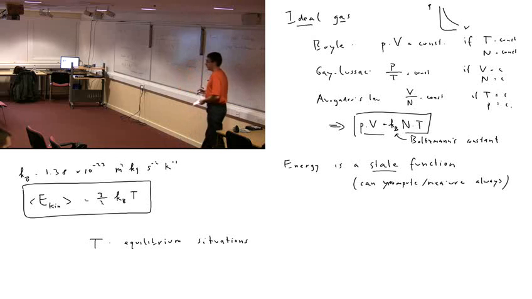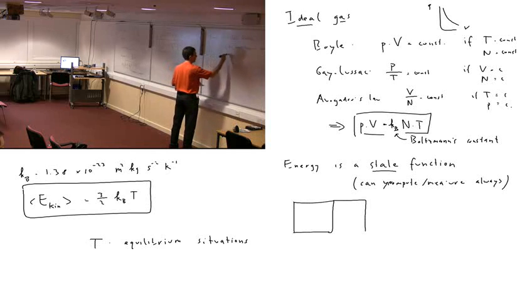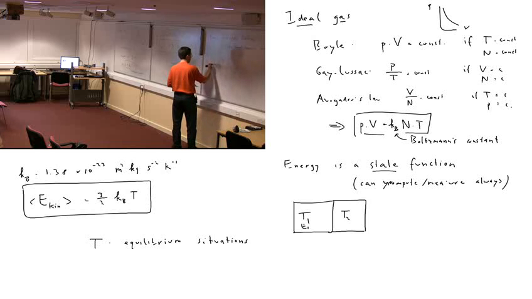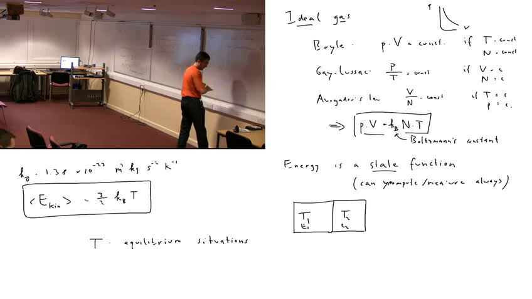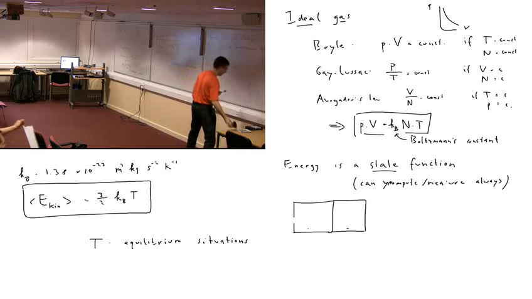Now, energy by itself is not really enough to determine whether or not a system is in equilibrium. So consider, for instance, two slabs of material connected to each other. This is at the temperature T1. This is at the temperature T2. This has some energy E1. This has some energy E2. Well, let me remove these temperatures, because as I told you, we're not going to talk about equilibrium situations.